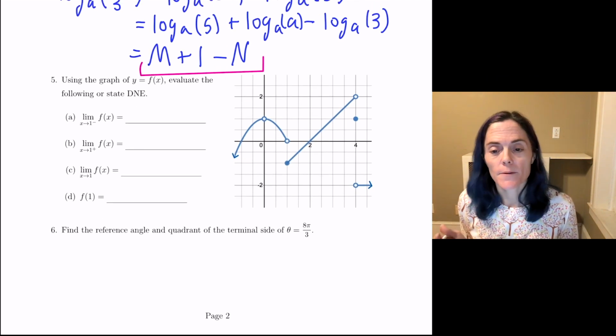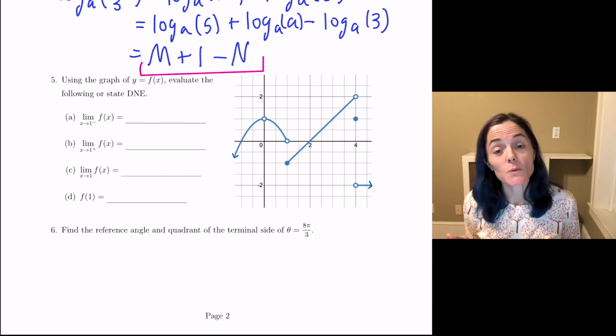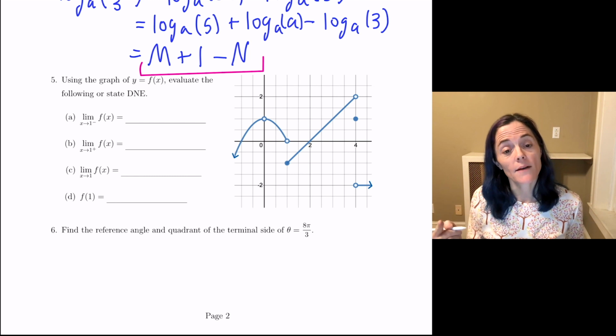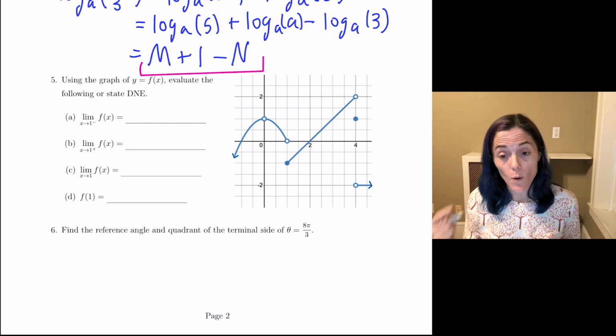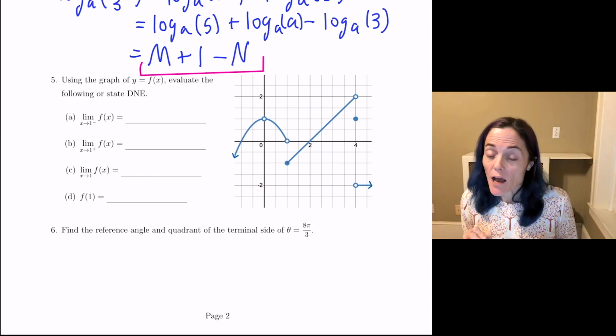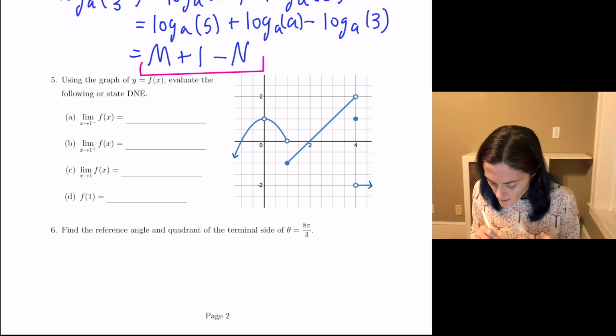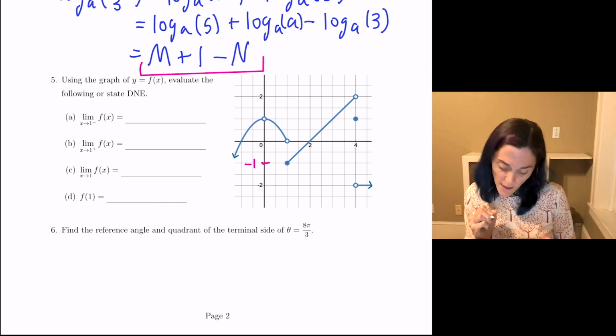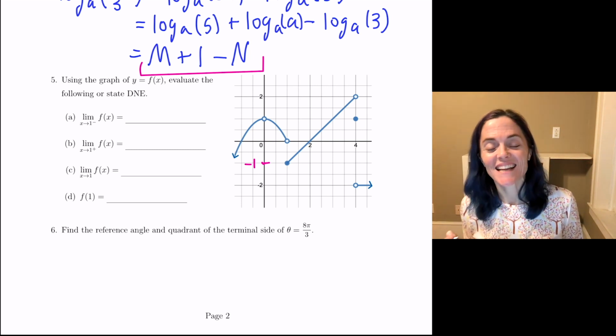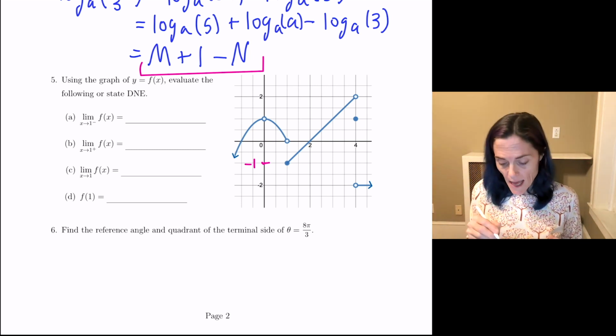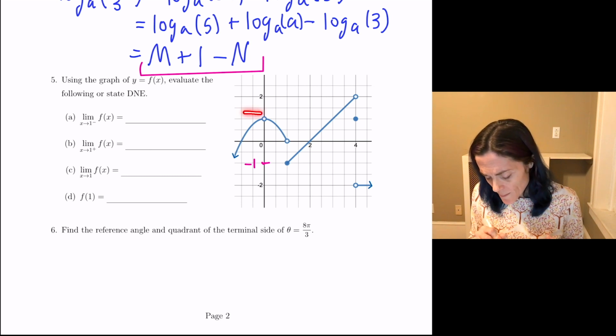Number 5. Very nice. We have this piecewise defined function graphically. We want the limit from the left, limit from the right, overall limit, and function value all at 1. You can tell from our tick marks that this is -1. Okay, maybe that's all I need to solve the question. So the limit from the left, well, we come in from the left.